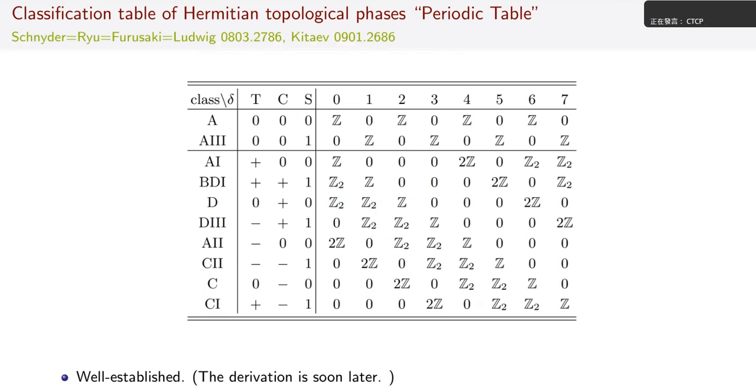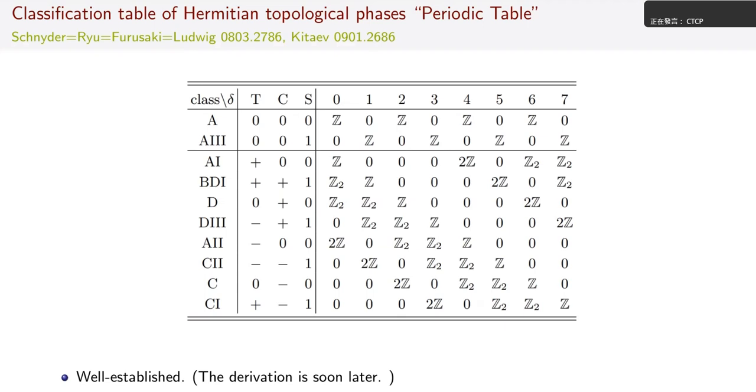So this is a classification table of Hermitian topological phases. The labels A, AI, BDI and so on specify the type of symmetry, the different symmetry classes.